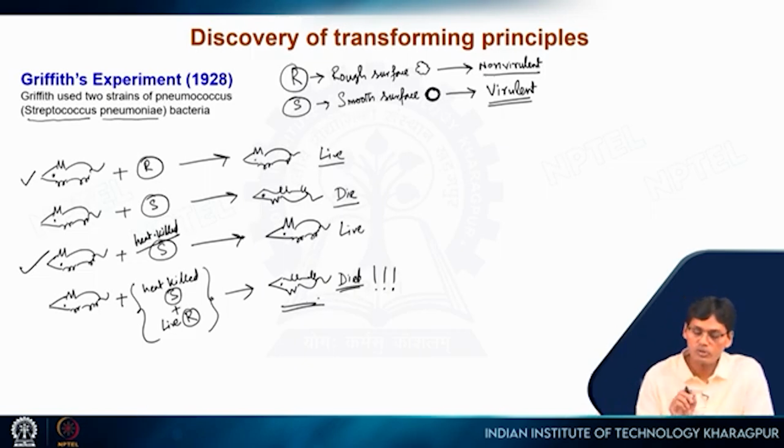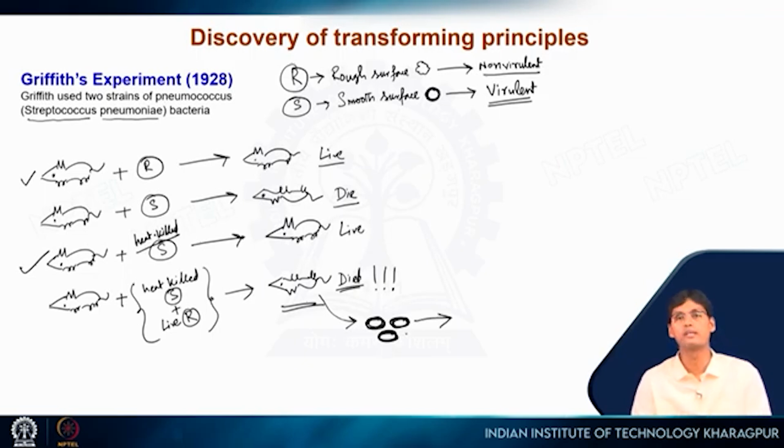Not only that, more importantly, when he took a sample from this dead mouse and cultured it in the laboratory, he found that smooth cell bacteria were appearing in the culture plate. Not only that, this transformation, this change, is permanent. If you grow these cells again and again in petri plates, they will give rise to smooth cell bacteria.